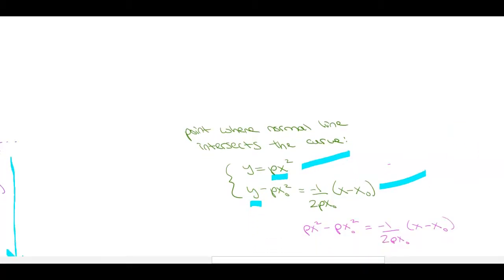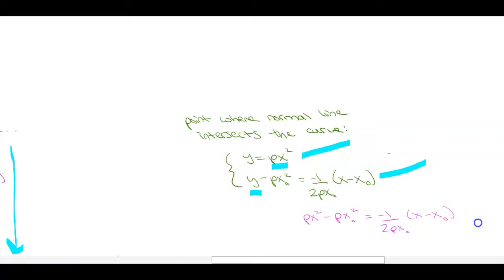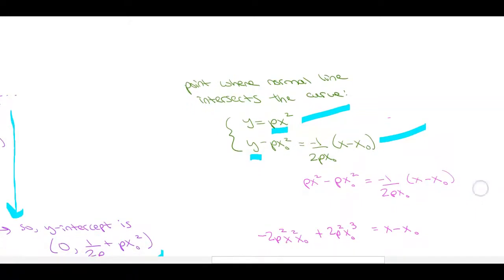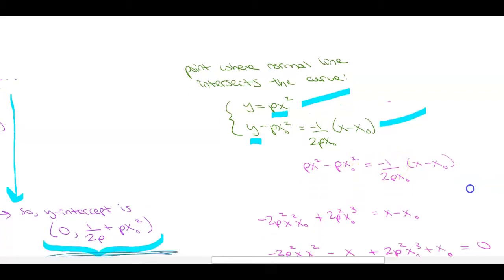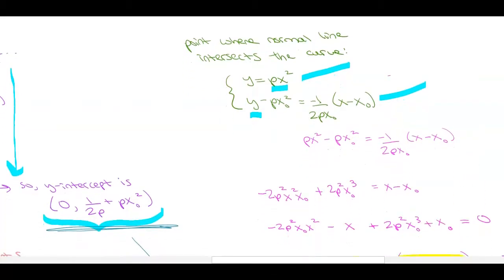Now this is where you have to really keep your x and x naught straight. Our goal here is to solve for x, the variable x. So I did a little cleaning. I just multiplied both sides of the equation here by 2p x naught. Now if you look at this equation, we're solving for x. And you know what kind of equation that is? This equation right here, it's in disguise.